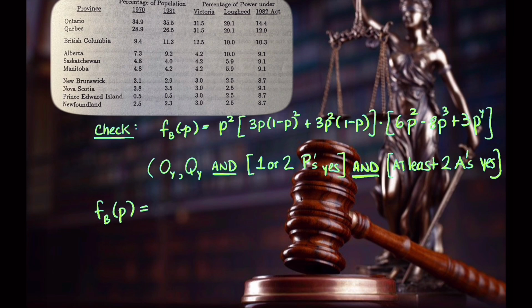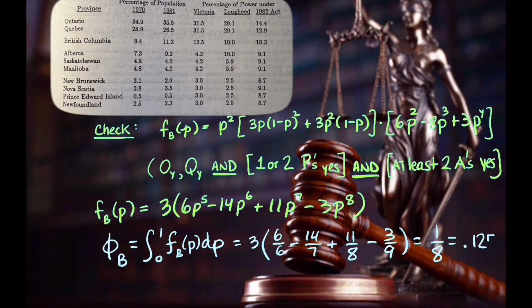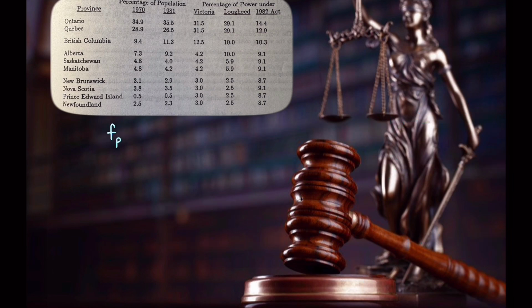For the sake of time, I'm just going to write it out here so that we can get to the primary point of finding the power that British Columbia has by integrating a polynomial, which everyone should be able to do if you're immersed in some understanding of the average value theorem. And here we see that we get 12.5% for British Columbia, which matches what the Victoria chart is showing.